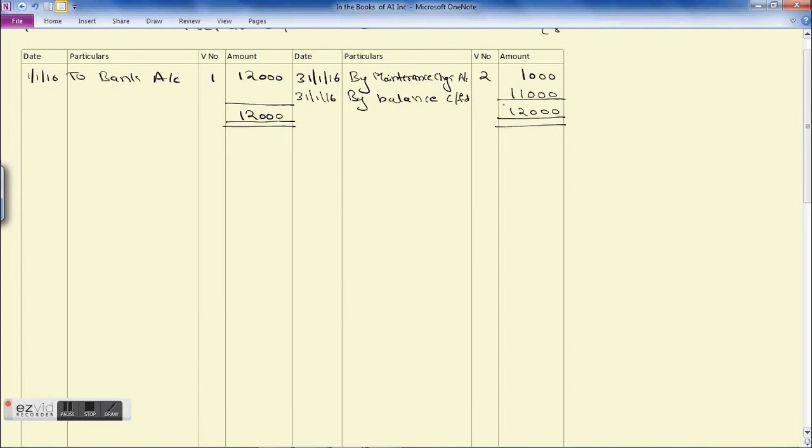How much is it? 11,000, right? 12,000 minus 1,000. So on 1st Feb 2016, to balance brought forward, how much is it? 11,000.